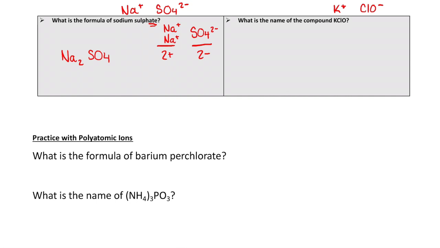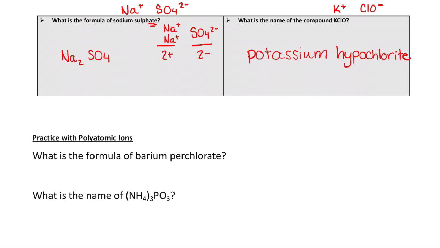So there are no Roman numerals when it is not a multivalent, so a transition metal. Okay, so this is potassium hypochlorite.